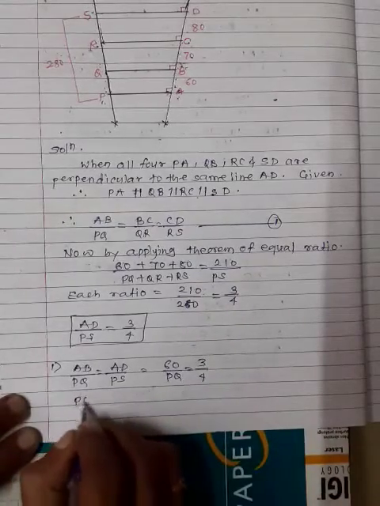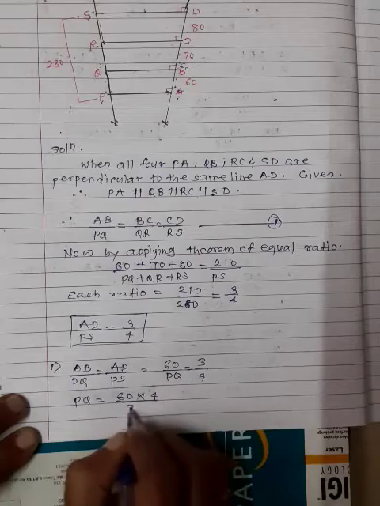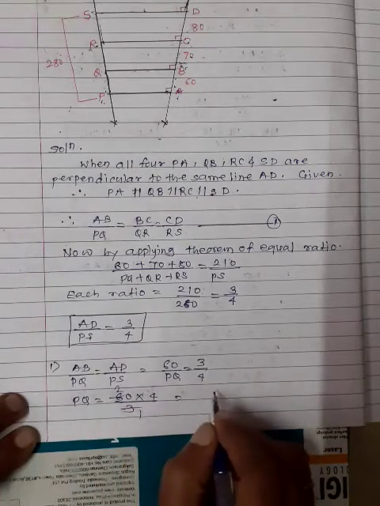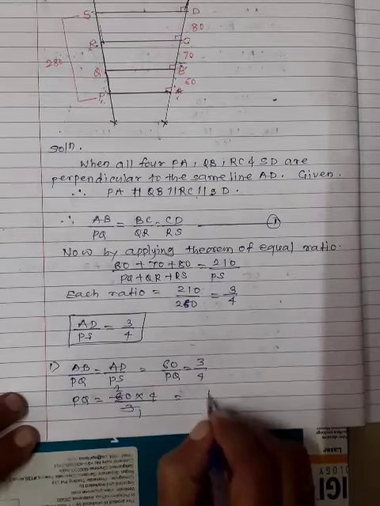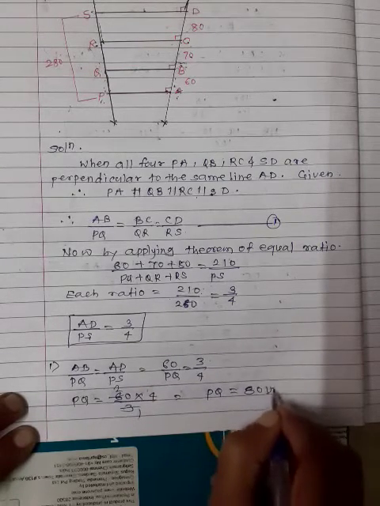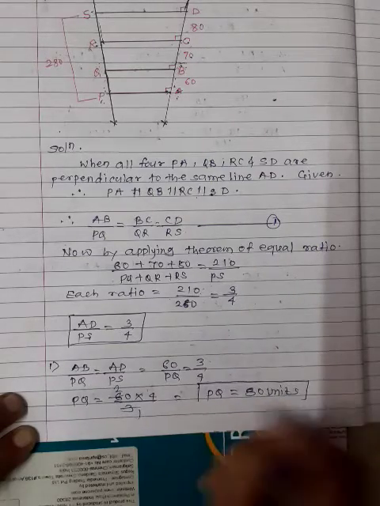PQ is equal to 60 multiplied by 4 upon 3. 3 ones are 3, 3 twos are 6, 20 into 4 is 80. PQ is equal to 80 units.